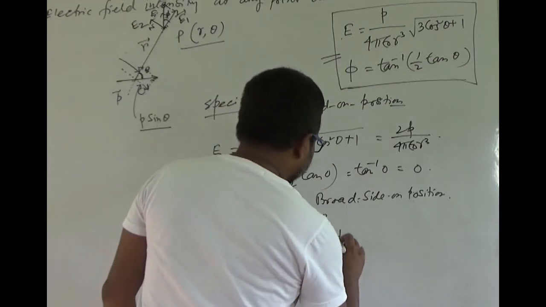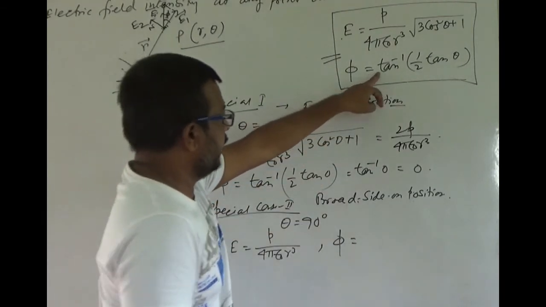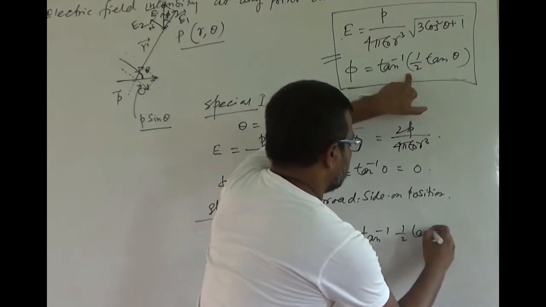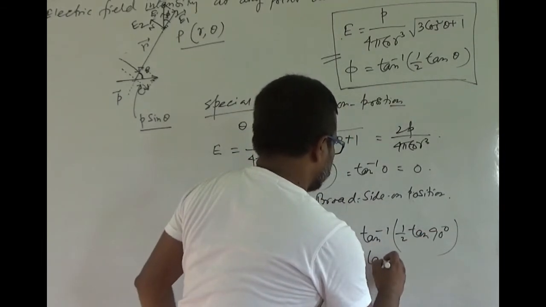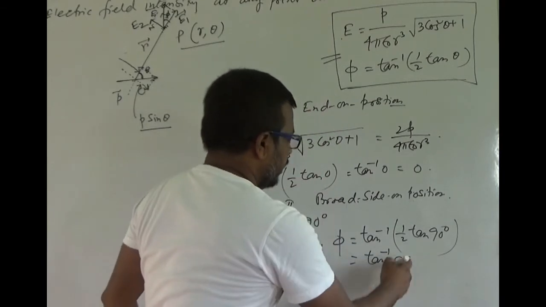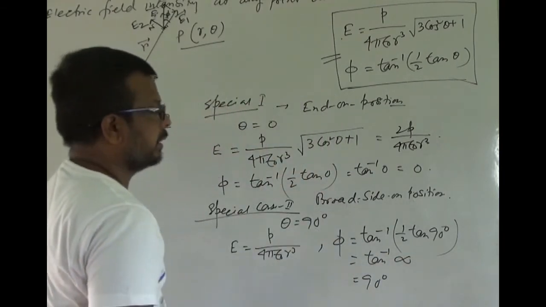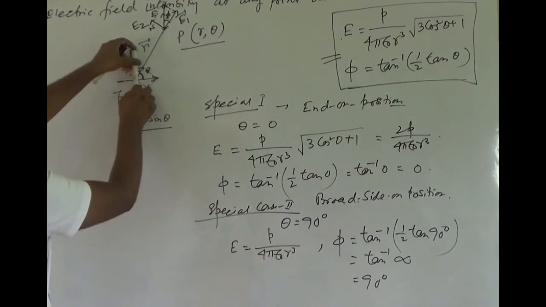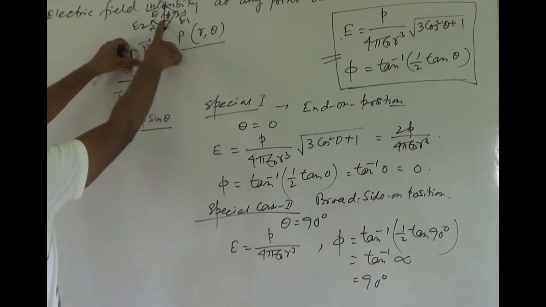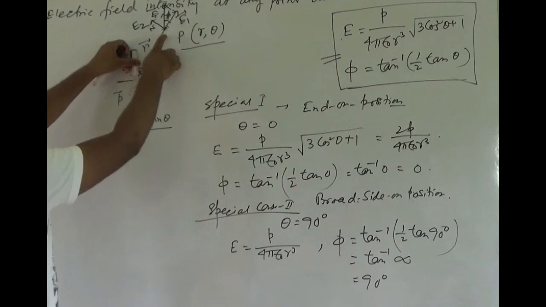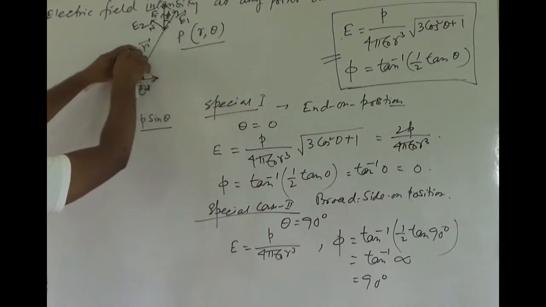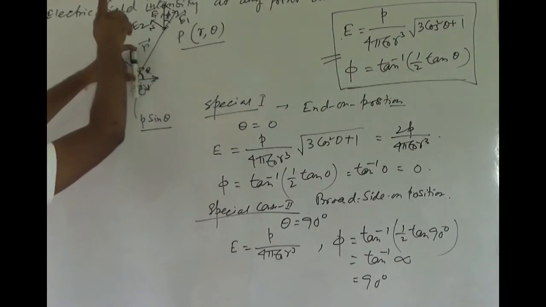And angle phi is equal to what? Tan inverse half tan theta, theta is 90 degree. Tan 90 is infinity. Now tan inverse infinity is again 90 degree. That means what? This is what? R vector, right? Phi is the angle with this vector, which is R. Now in this case, this is the R pointing towards upside.